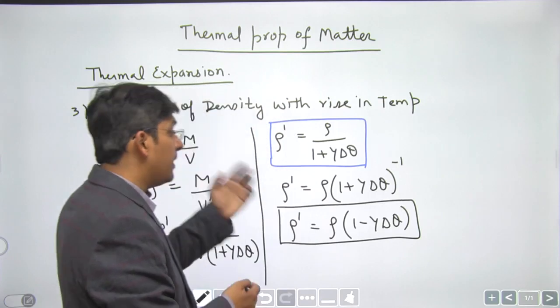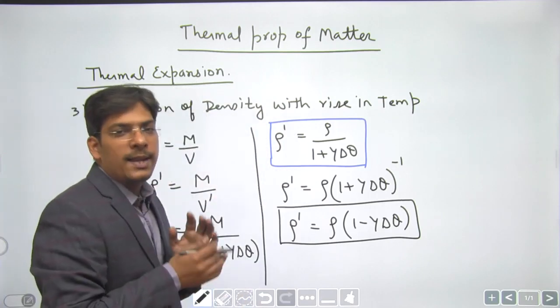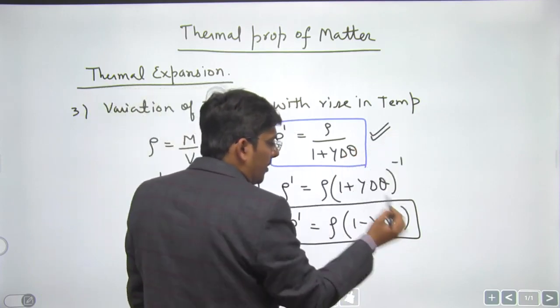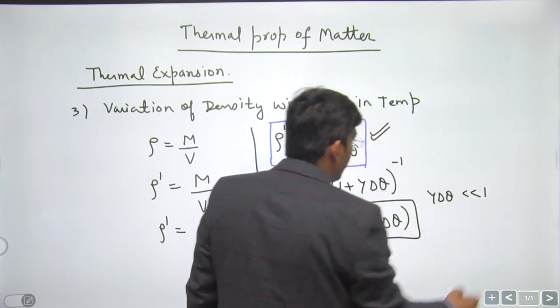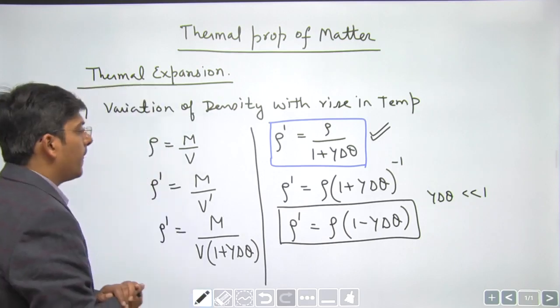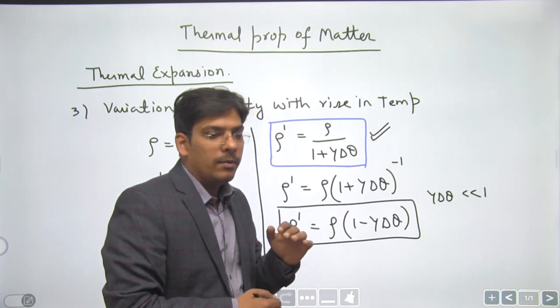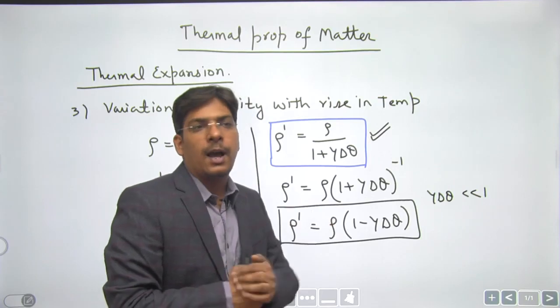Density of solids decreases with rise in temperature. This is all about variation in density with rise in temperature. This is the formula which is applicable everywhere. This is the formula applicable when gamma delta theta is much less than 1. It is much smaller than 1, in fractions. The smaller the value of gamma delta theta, the more this formula will approach the accurate answer, right?